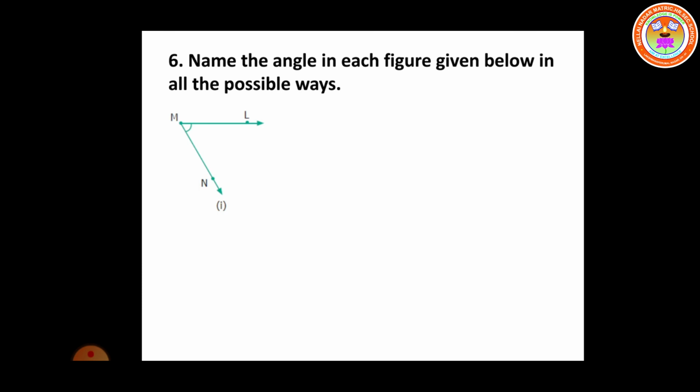Next one, when you start from N it is NML. When you start from L it is LMN. So see the answer. First one angle LMN, second one angle NML, third one angle M. So these are the three ways we mention the angle.